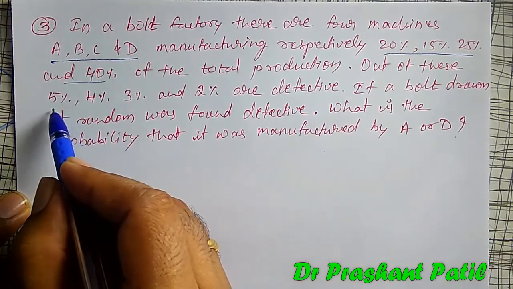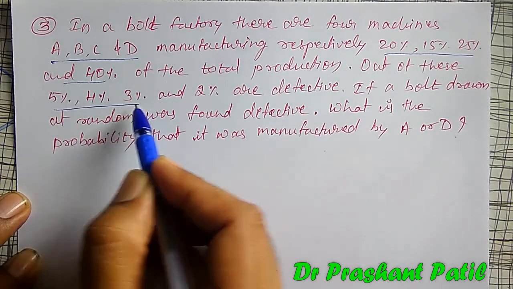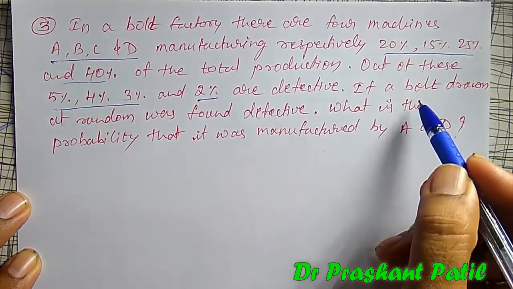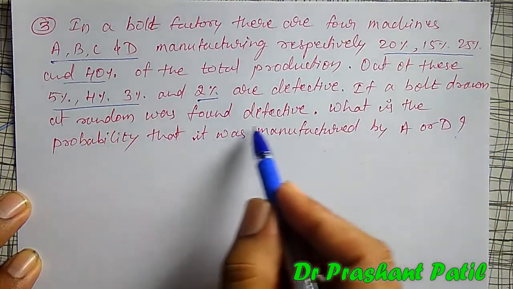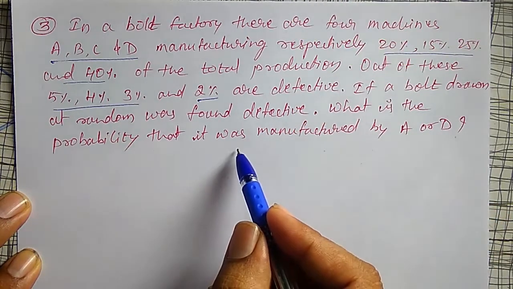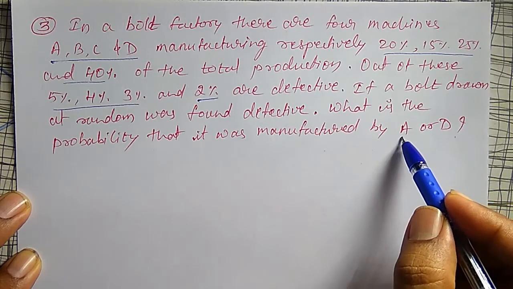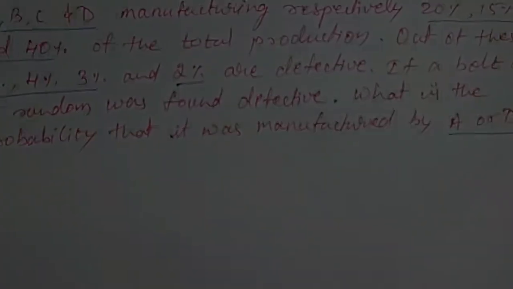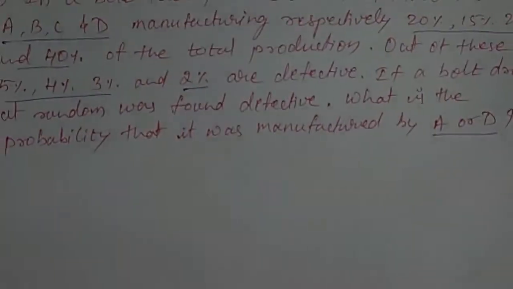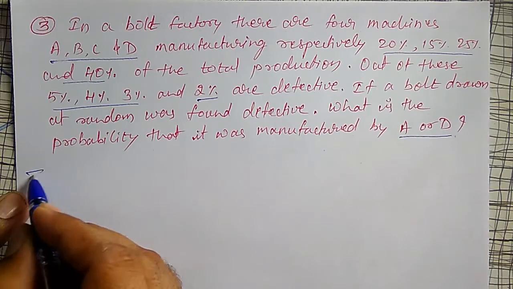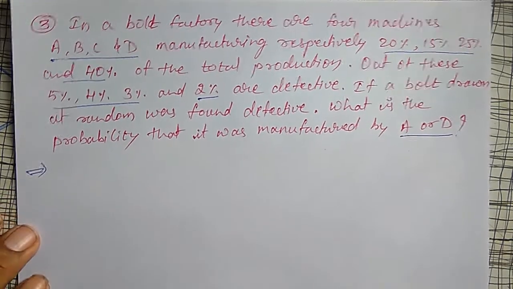Out of these, 5%, 4%, 3% and 2% are the defectives. If a bolt drawn at random was found defective, what is the probability that it was manufactured by machine A or machine D? Okay, a little bit of addition rule also you have to use here.